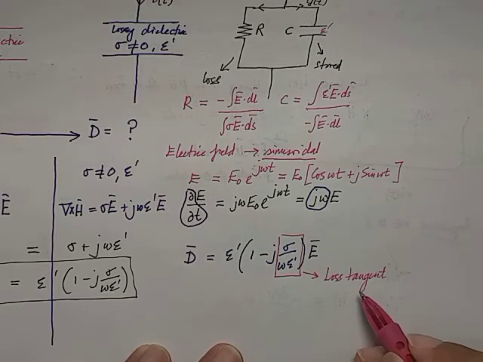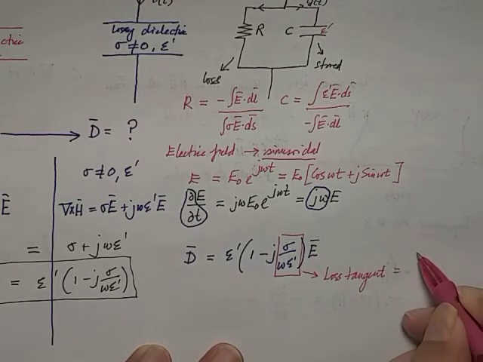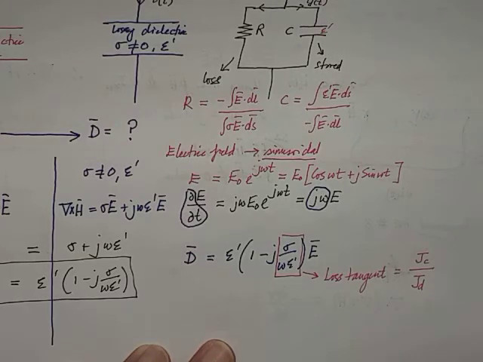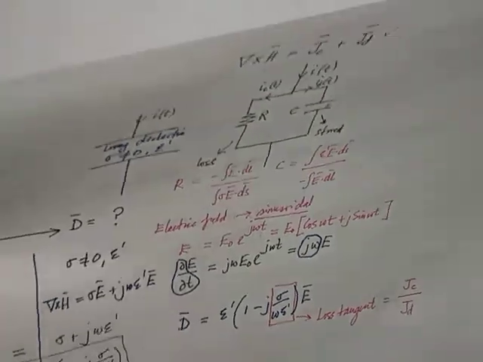If you look further, you can define it as the conduction current divided by the displacement current. Okay, that's how you determine the loss tangent value of a given material, by taking the ratio of conduction current density to displacement current density, or in term known as sigma over omega epsilon prime, because we are talking about lossy dielectric. So let's talk about that further. So what is meant by loss tangent? Okay, this is going to be my last topic of this video, loss tangent.